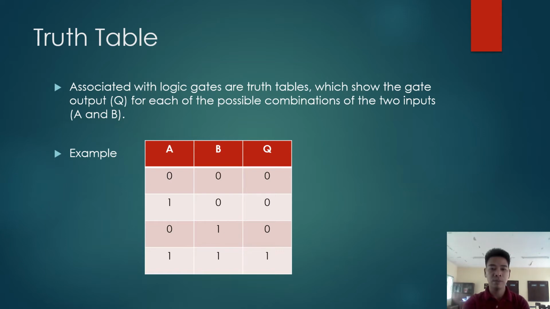We use the symbols A and B for inputs and the letter Q for output. When we say truth table, it is the possible combinations of the inputs and the corresponding output. This is an example of a truth table.